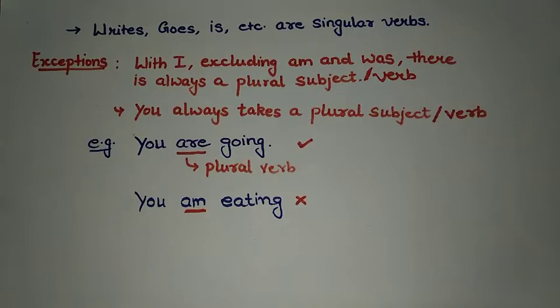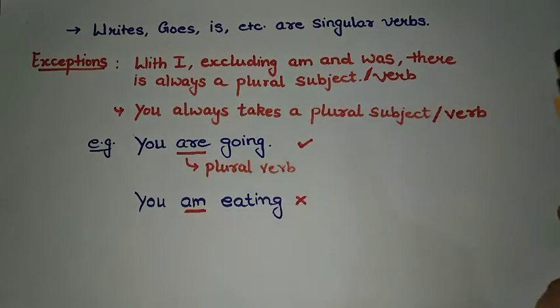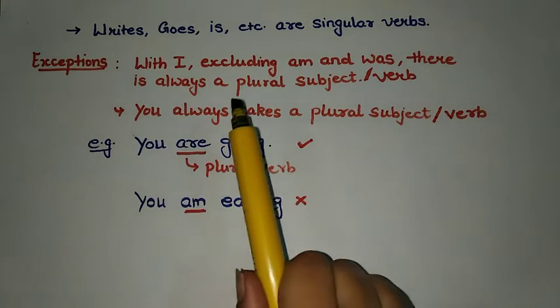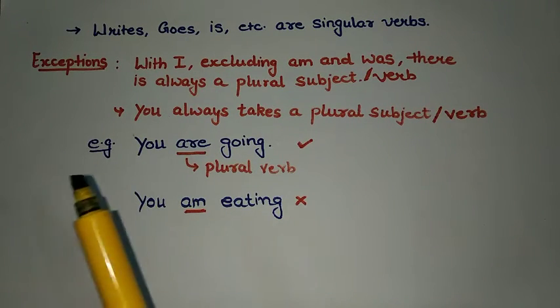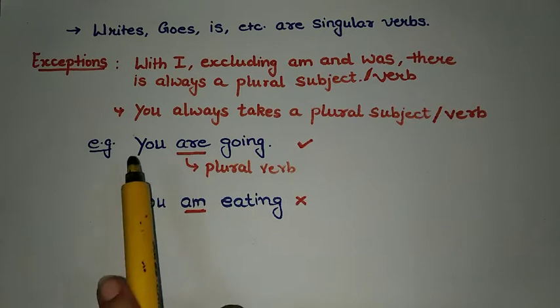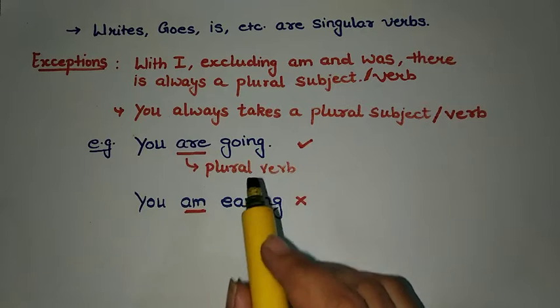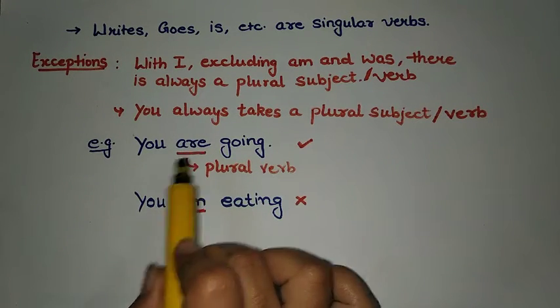Now, verbs like writes, goes, is, etc. are singular verbs. Now, let us talk about exceptions here. With I, excluding am and was, there is always a plural verb. And you always takes a plural verb. Like if I say you are going, the sentence is correct because with you we always use a plural verb.